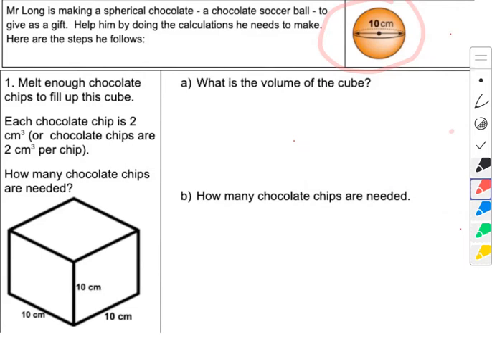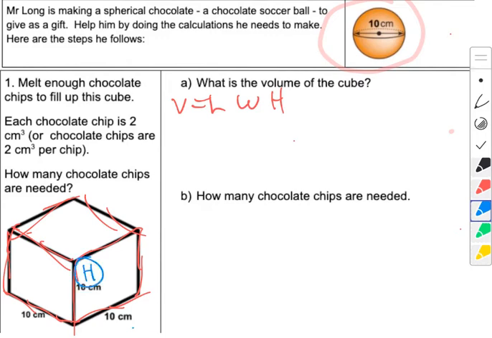So the first thing is I'm going to get the volume of this cube. I think you remember that the volume of a cube is length times width times height. That's obviously the height, and how far it goes into the page, I often pick as the length, and then side to side is the width.